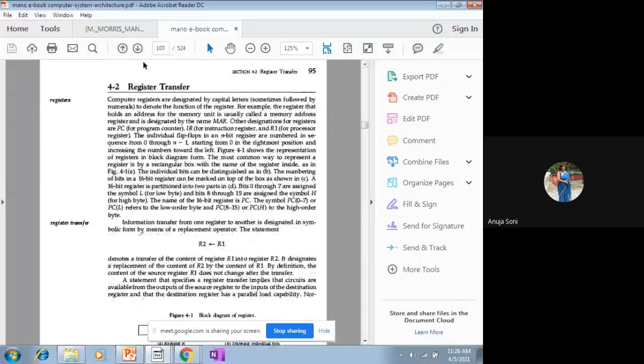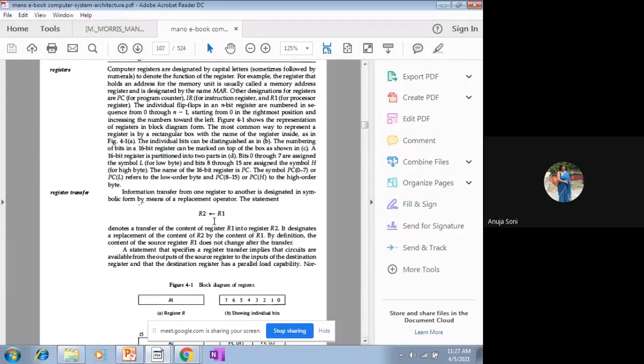Now in detail we'll come to the subsequent section, register transfer, and how actually the register transfer takes place. This is one of the examples, a notation that is being used. These are the designated names given to different registers. If the data has to be transferred from register R1 to R2, how will it be written?